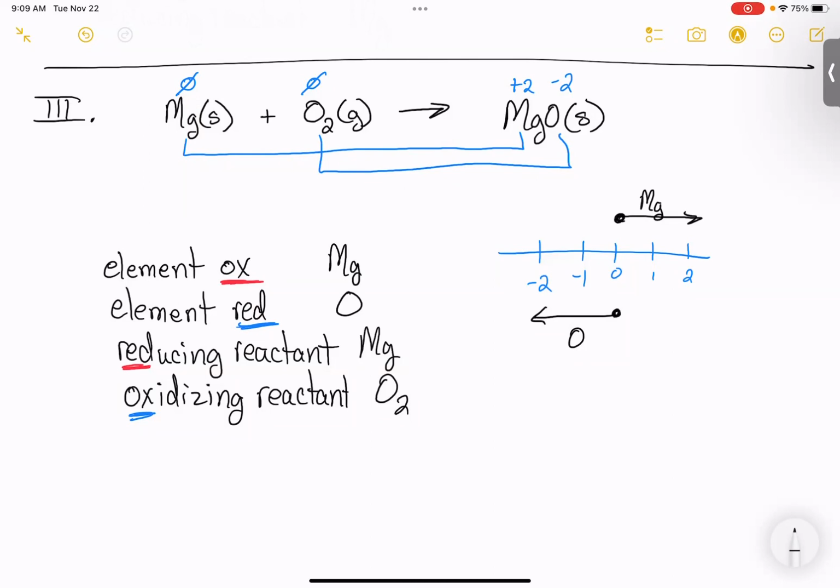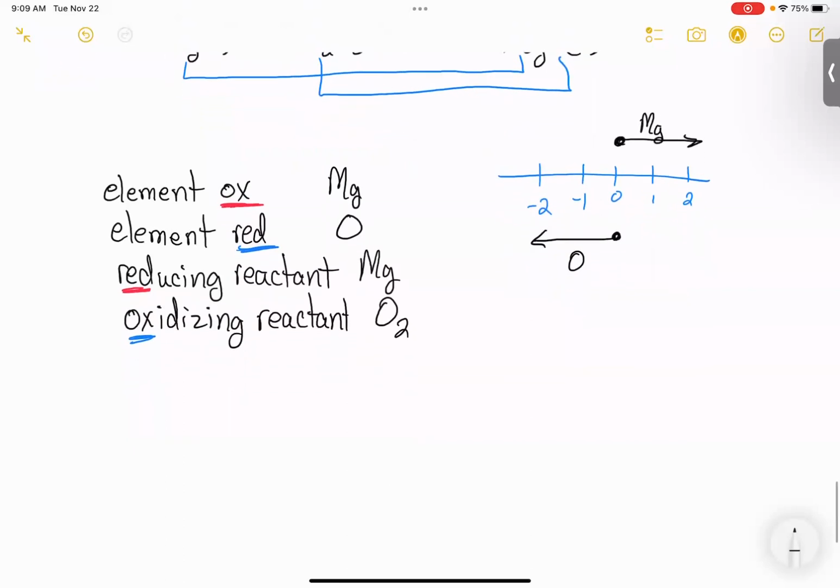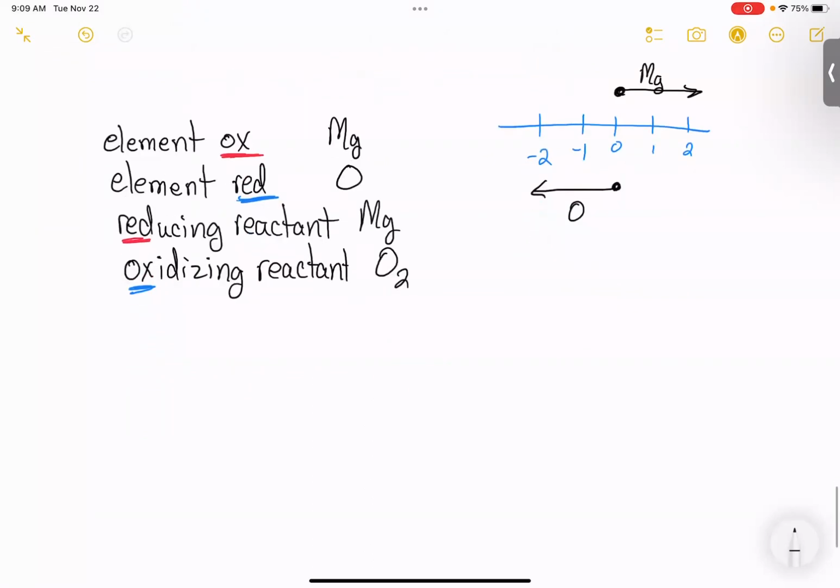That's why it is due the Monday after Thanksgiving break. But I do want to show you one more detail before you leave. Figuring out the element oxidized, the element reduced, the reducing reactant, and the oxidizing reactant is not going to change. But I do need to talk about oxidation states and assigning the oxidation states.